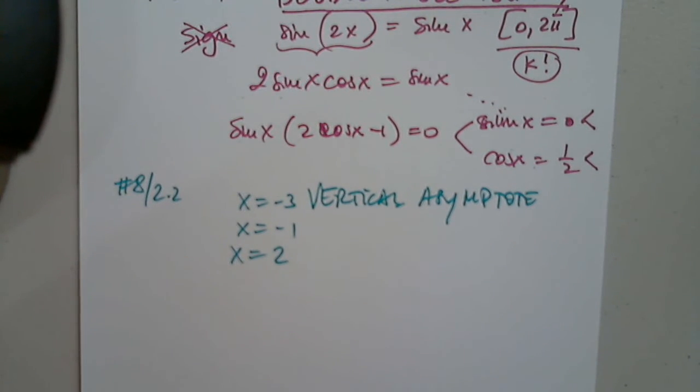We're asked to find the limit as t approaches 12 from the left and as t approaches 12 from the right, and explain the significance of these one-sided limits. So here's 12. How much is the limit from the left?